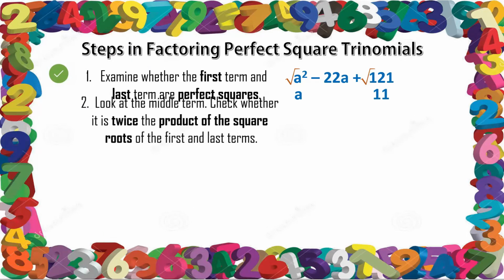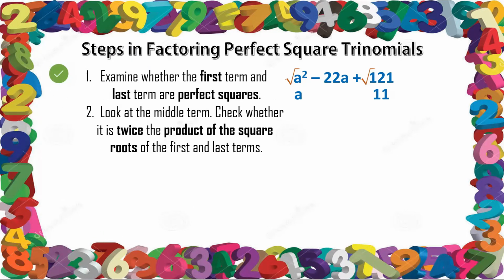For our second step, look at the middle term. Check whether it is twice the product of the square roots of the first and last terms. Now let's multiply a and 11.